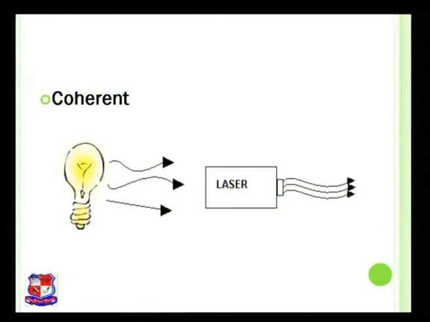It is not necessary that it has the same phase. So in comparison to laser, it has no same phase. That means they are not coherent waves. Lasers have a coherent nature.